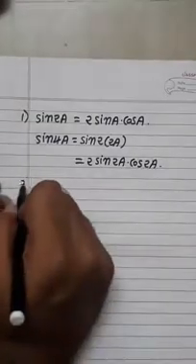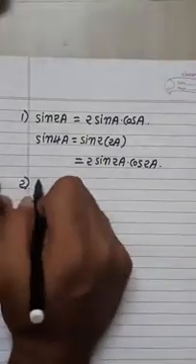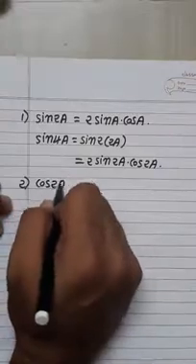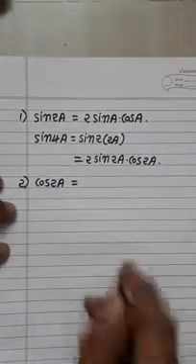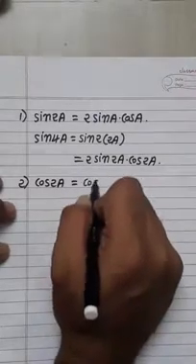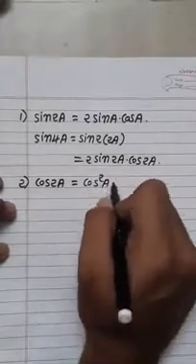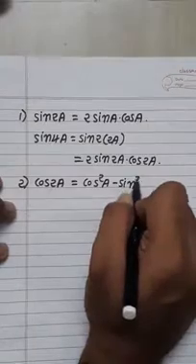Next formula, cos 2a. Now cos 2a is written in three ways. So first formula, cos 2a is equal to cos square a minus sin square a.